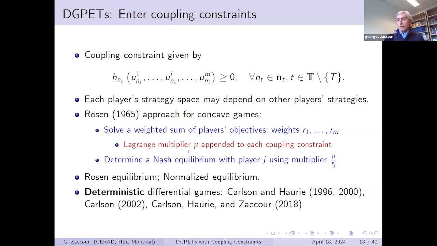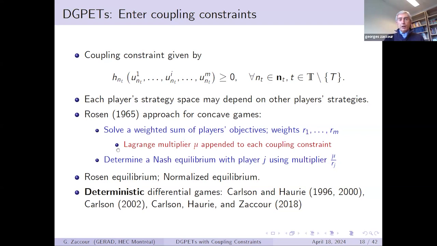So you obtain the values of these Lagrange multipliers depending on the number of constraints that you have. And after that, decentralize the situation by determining a Nash equilibrium where player J appends this multiplier, which is the common multiplier that was obtained in the joint optimization, divided by Rj, where Rj is the weight that is given to player J.